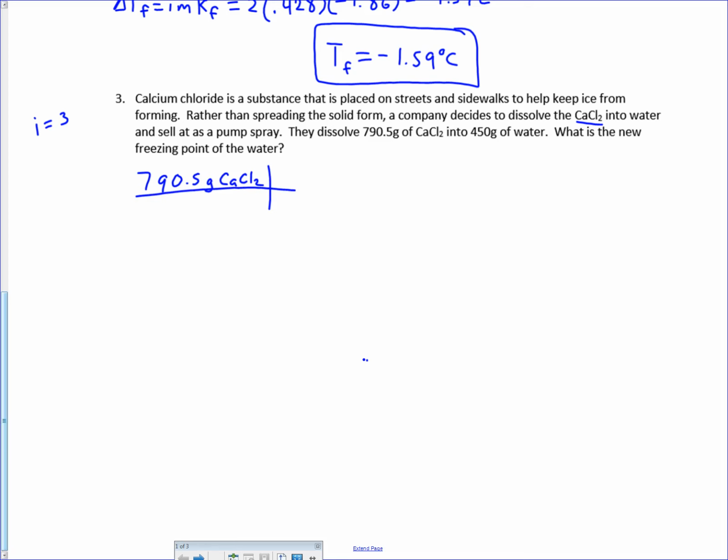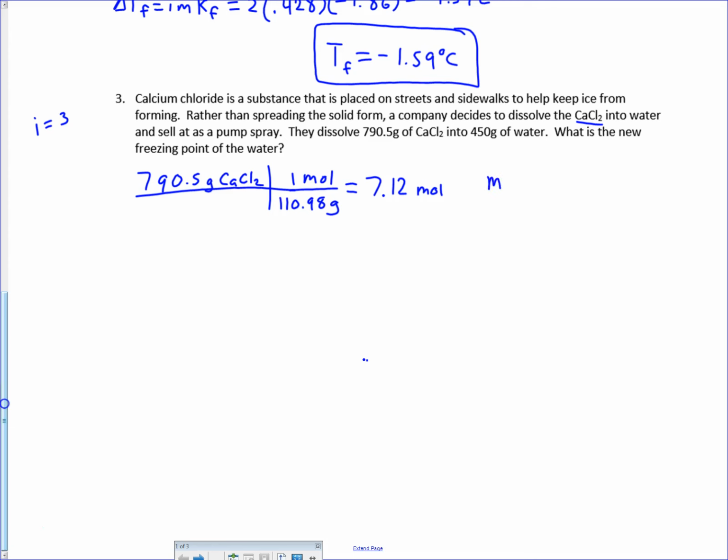If you look up on the periodic table, you can find the mass of CaCl2. It's 110.98 grams in 1 mole. Go through, calculate that, you get 7.12 moles. We're going to plug that into the molality equation.